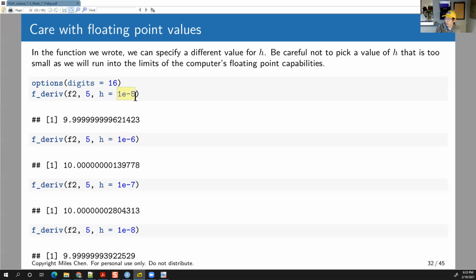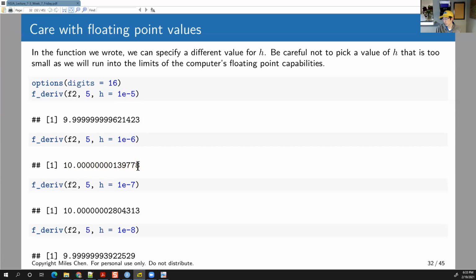Okay, so if I add 10 to the negative 5, remember the true derivative of x squared at 5 is 10, and so we want to see which values get us closest to 10. Adding 10 to the negative 5 gives me a value close to 10. Basically, the last 6 digits are a little bit off. Adding 10 to the negative 6 also gets me very close to 10.